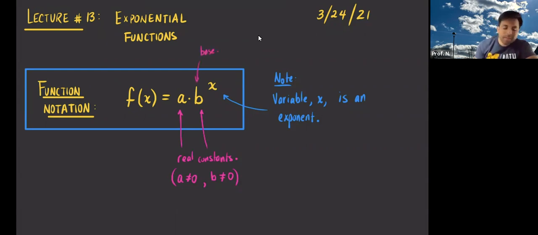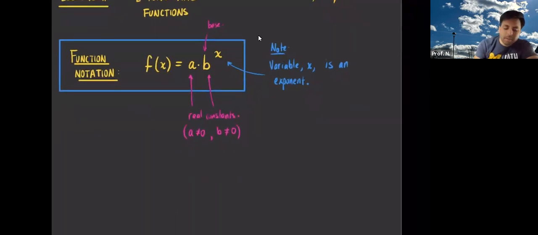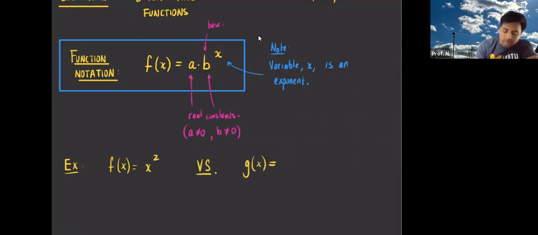So normally my base now is my constant, and my variable is my exponent. So here we can have a little example. What's the difference between something like x squared versus something that has this form, 2 to the x? You see the difference?